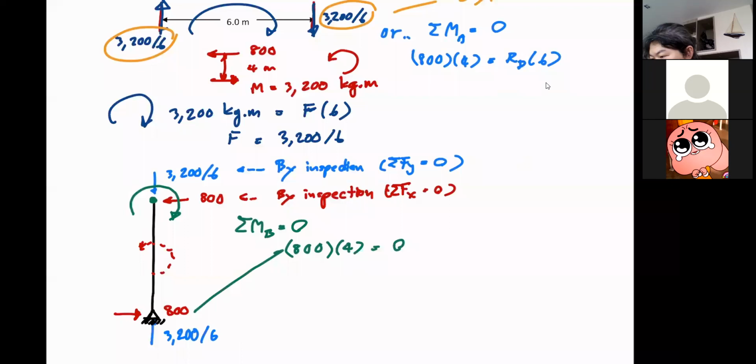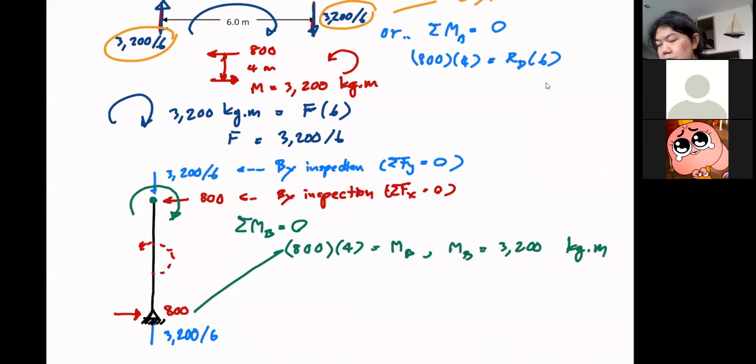Oops, I'm sorry. So 800 multiplied by 4 plus MB equal to 0, MB is therefore 3200 kilogram meter. So this becomes the complete free body diagram of member AB.